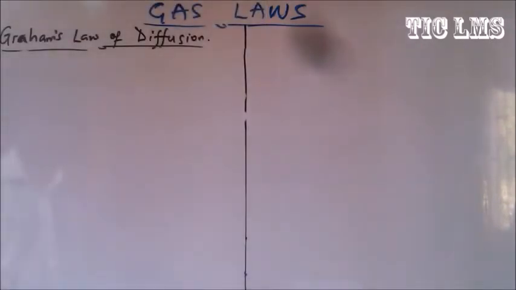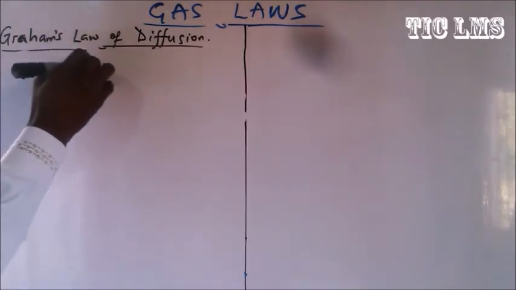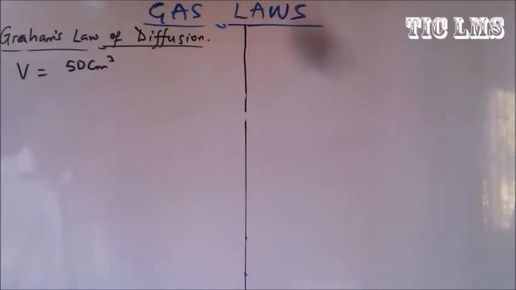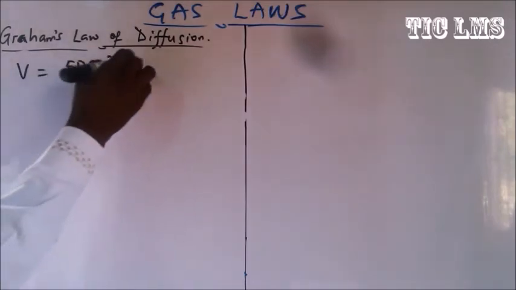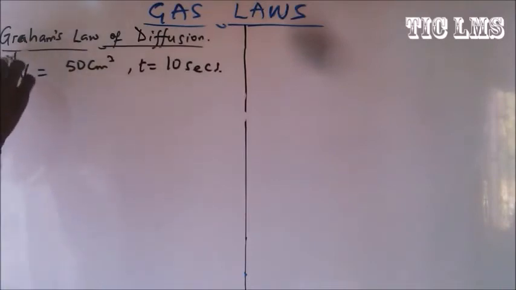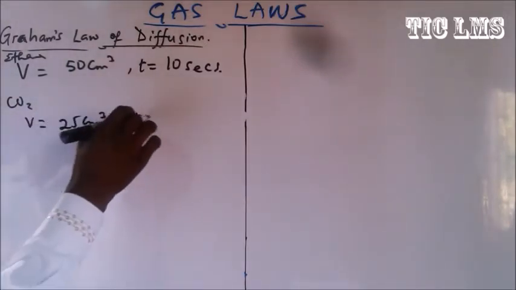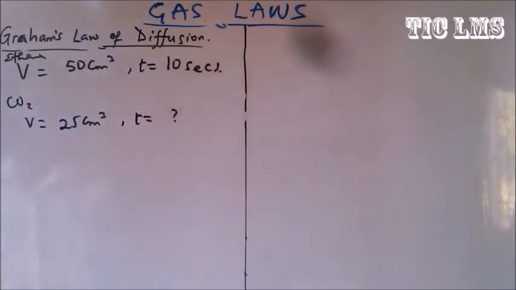First, the volume of ethane equals 50 cm cubed, and it effuses in a time of 10 seconds. Next, we have another gas, carbon 4 oxide, CO2, which has a volume of 25 cm cubed, and we do not know the time it took to effuse through the small aperture.